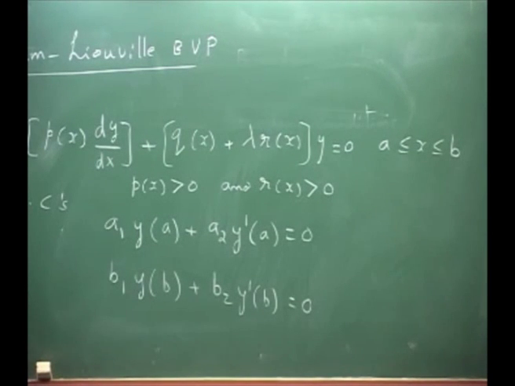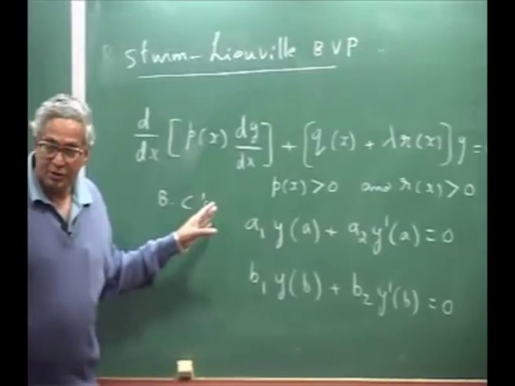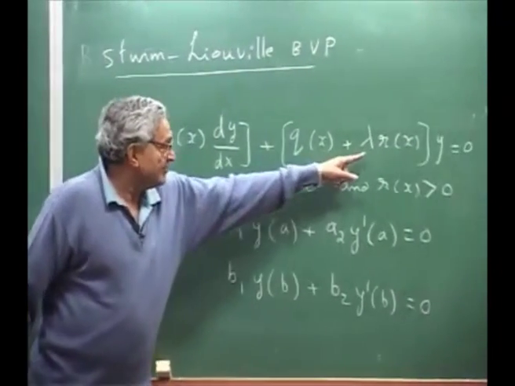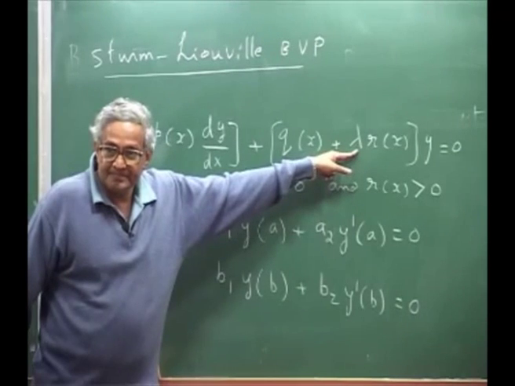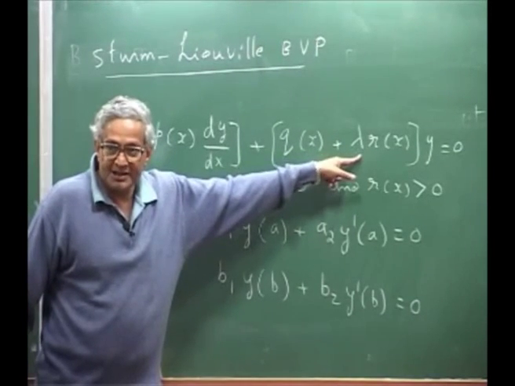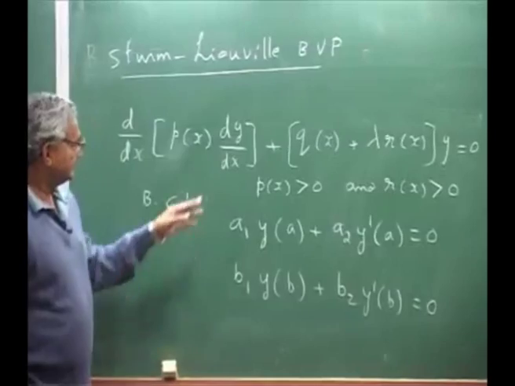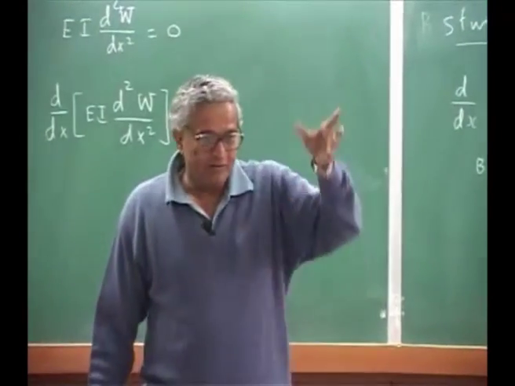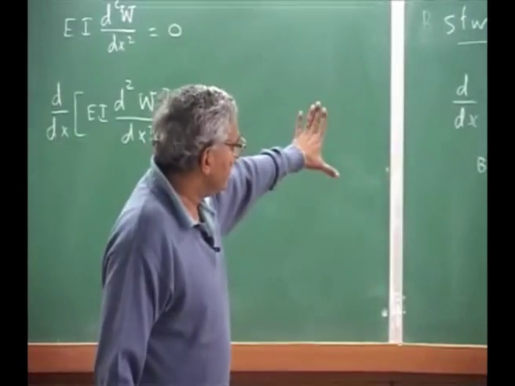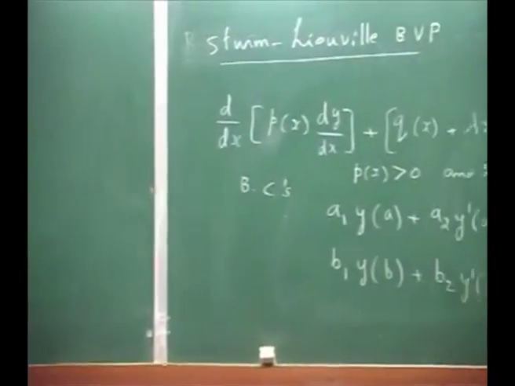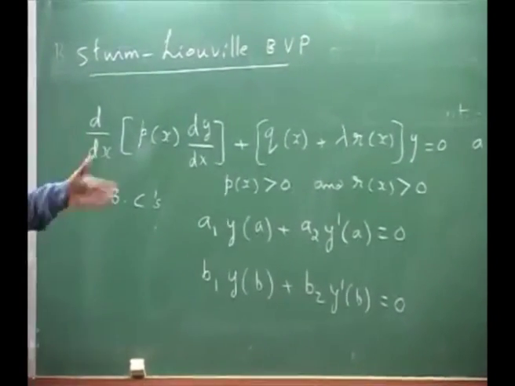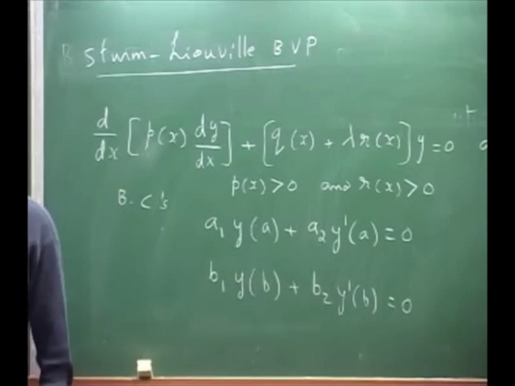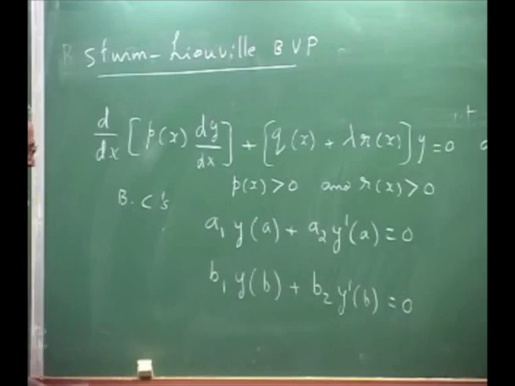Essentially, this problem goes towards solving for the value of lambda and your y. For what values of lambda do you have a solution? It can be proven later, because that is where the self-adjointness comes in, and I will try to derive it in a general form.